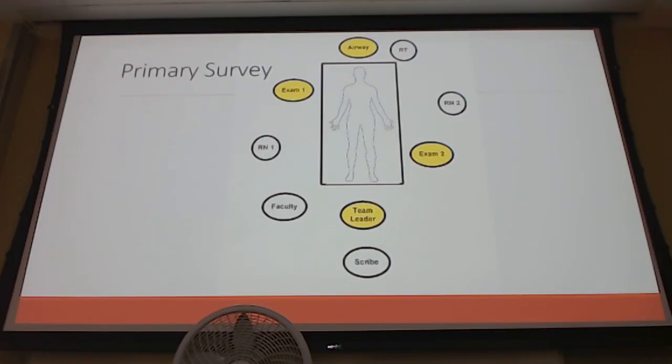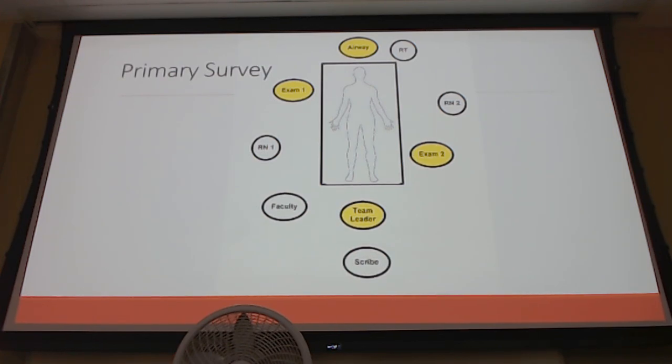Here's how it should look in an ideal world if you have enough personnel. You've got your team leader, usually at the foot of the bed, directing traffic. Hopefully at Level 1 trauma centers, everybody's well-trained, a well-oiled machine that has gone through this many times. You have a provider on the right side of the bed, Exam 1, who gets clavicles down on the right side of the bed.